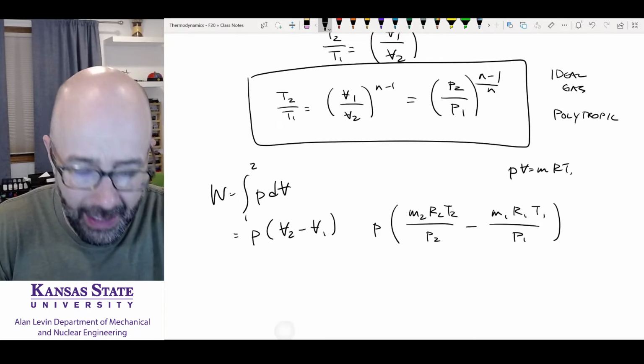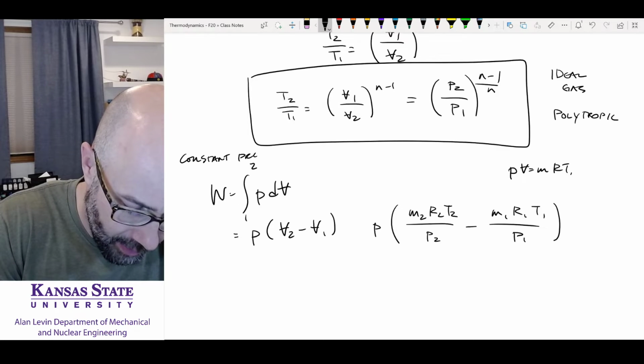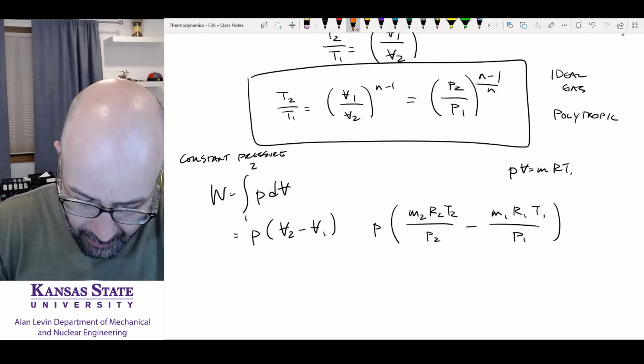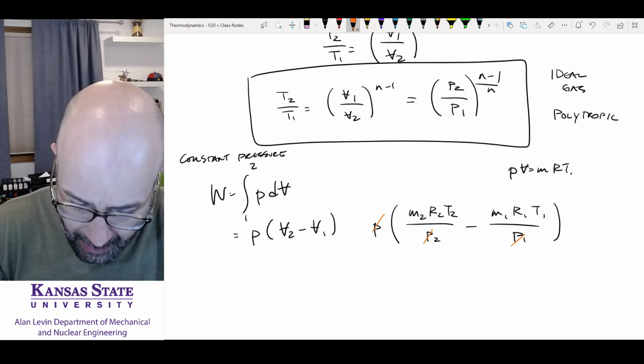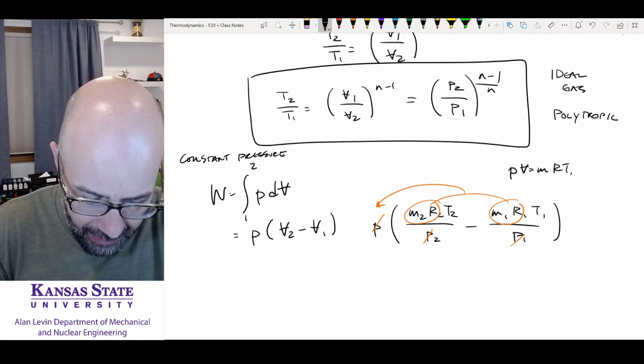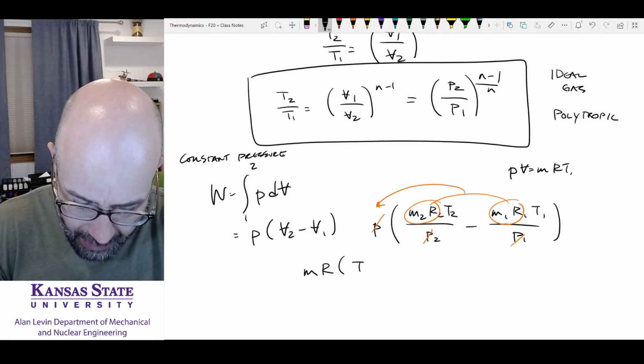Because it's constant pressure, the pressure cancels out, and the mass and gas constant are constant, so you can rewrite this as m R times T2 minus T1.